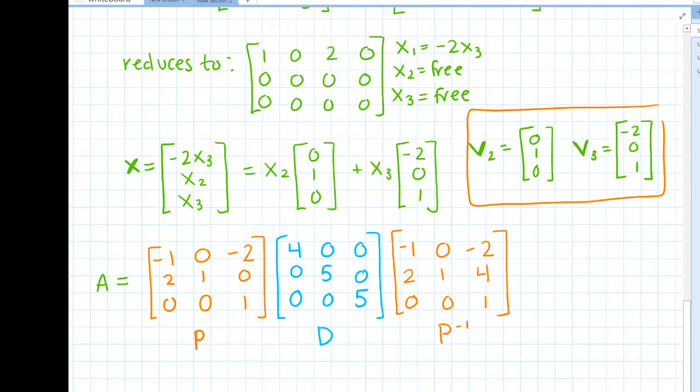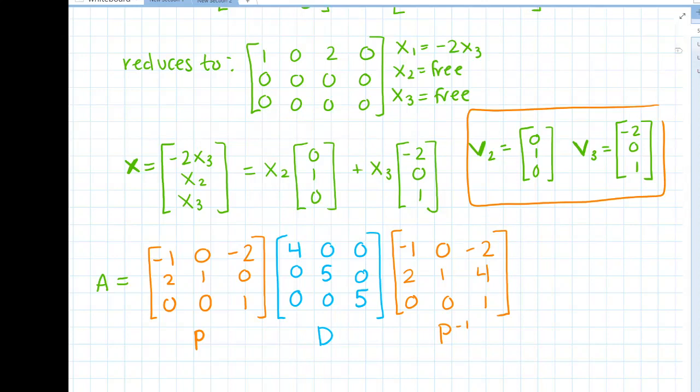I would look at the example on the worksheet from yesterday, just so you realize that even if you have an eigenvalue with a multiplicity of 2, that does not necessarily mean that it has two eigenvectors. It just means that it appears twice in the characteristic polynomial.